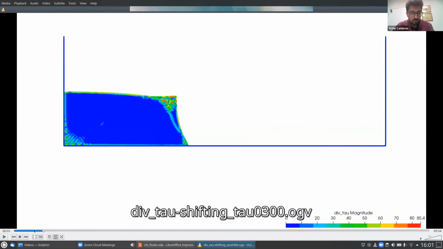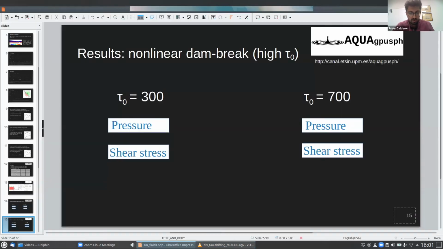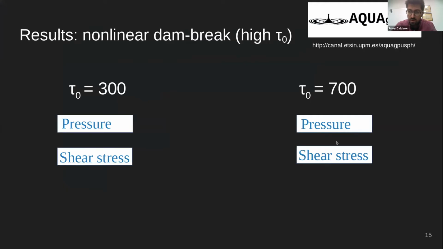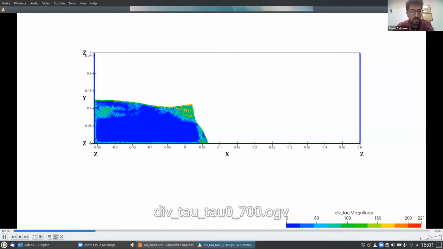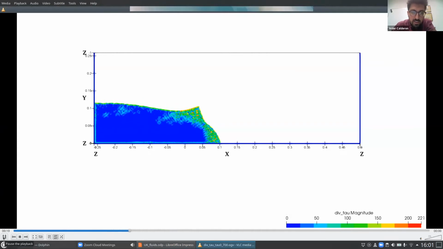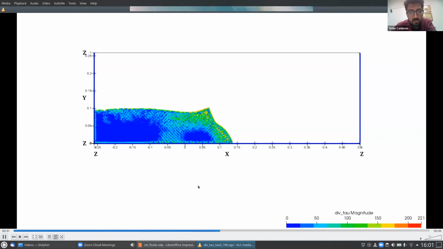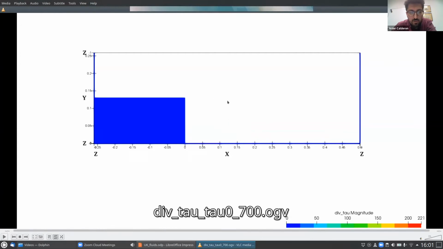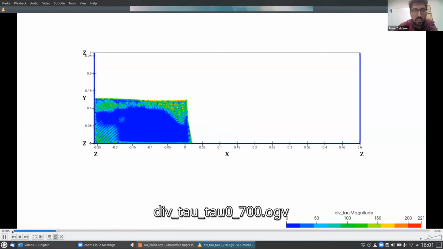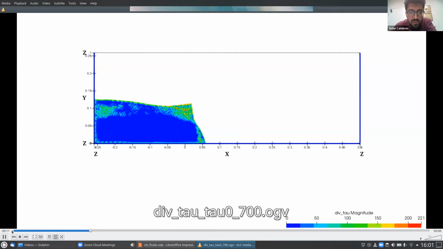We kept on increasing the yield stress up to 700 pascals, and in that range of values, you start to see that the front at some point stops moving.